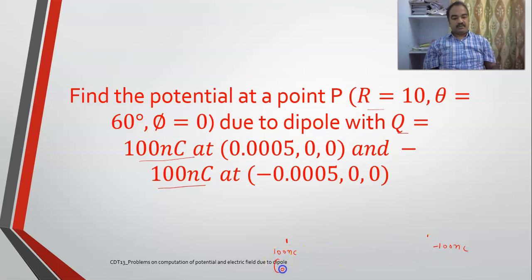Both are located at 0.0005, 0, 0 and minus 0.0005, 0, 0. And you have a point P at r equal to 10, theta equal to 60 degrees, and phi equal to 0 degrees. This is a dipole, so what is the distance between them? That you can easily compute, and you need to determine the potential because of these.